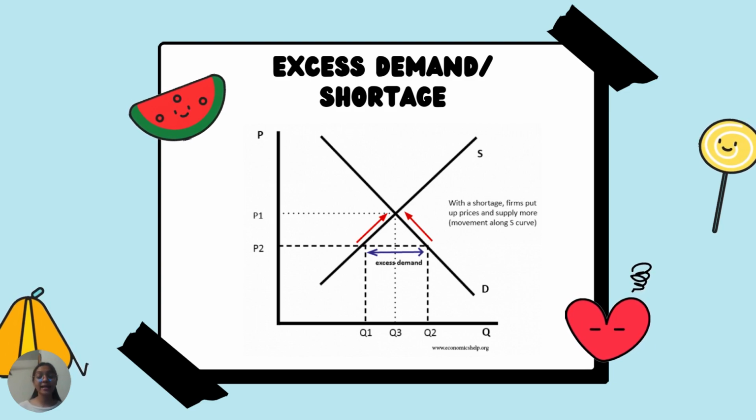When price increases, excess demand will fall and it will reach equilibrium, and therefore supply will increase. There will not be any excess demand or shortage of any product.